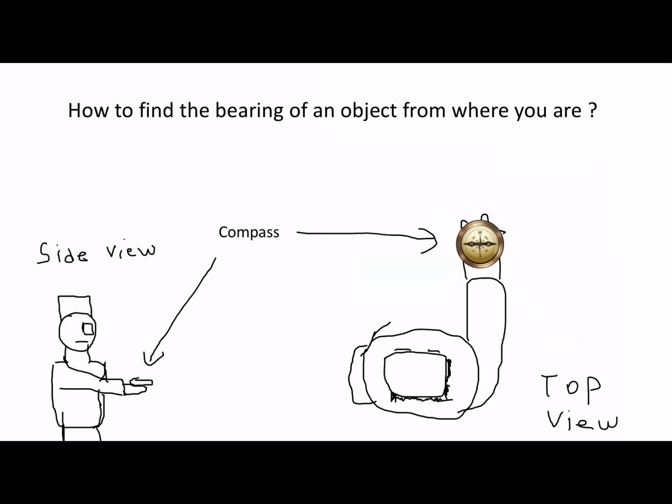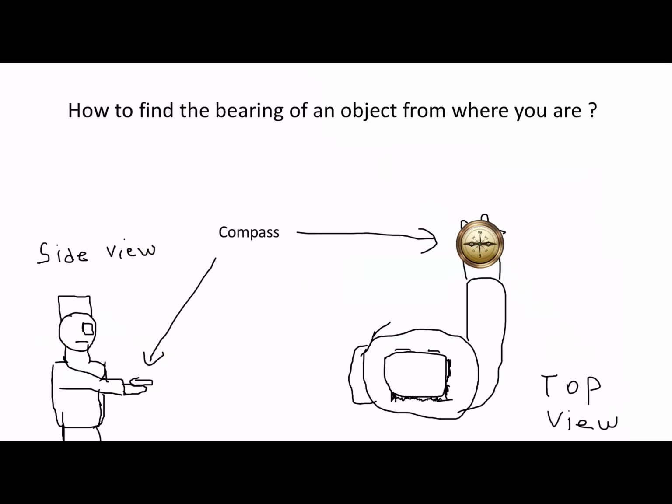Okay, let's proceed. Now, how to find the bearing of an object from where you are? Remember, bearing tells you to locate an object somewhere on your left, somewhere on your right. It does not matter whether the object is very tall or very short. In fact, it doesn't matter what the height of the object is. What matters here is where the object is on your right or on your left.